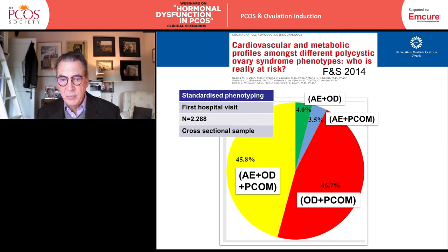So this is the women that have ovulatory dysfunction and PCO morphology, so polycystic ovaries. And you see all these women diagnosed with PCOS in our specific situation, condition, they do not have elevated androgen levels, whereas the other 50% does. And again, I will show you later on why androgen levels in the context of infertility and ovulation induction is relevant.